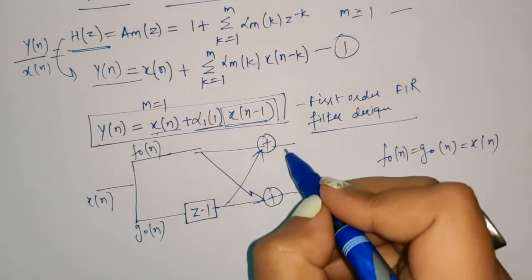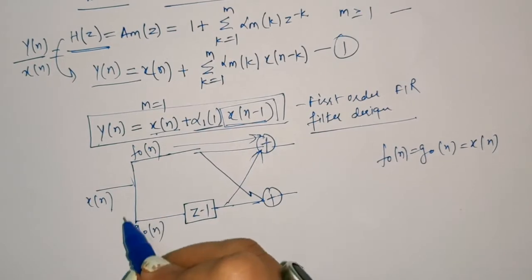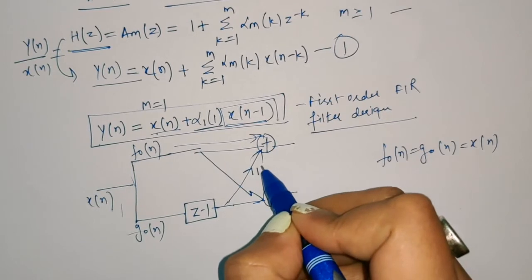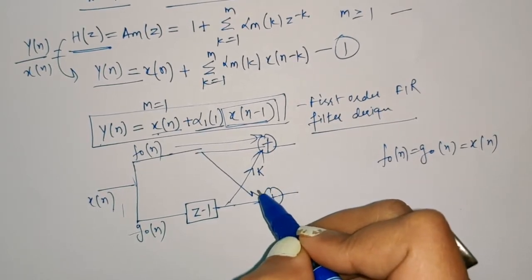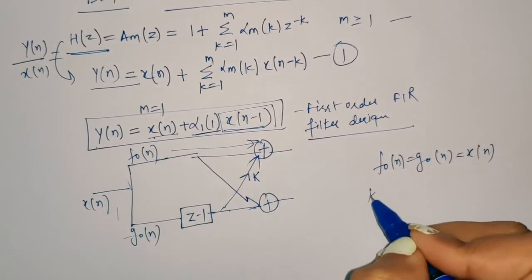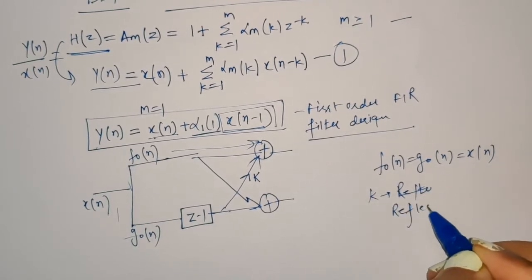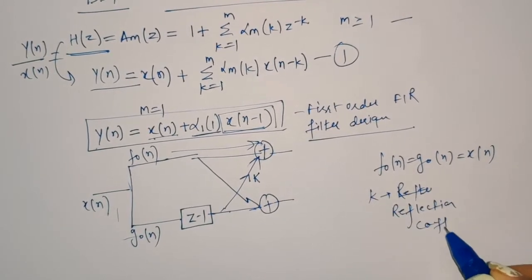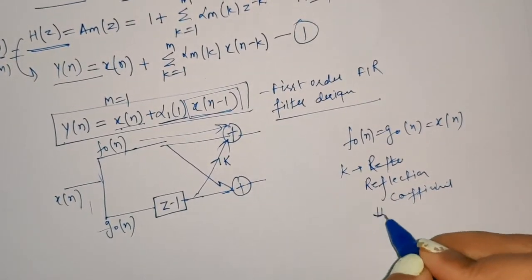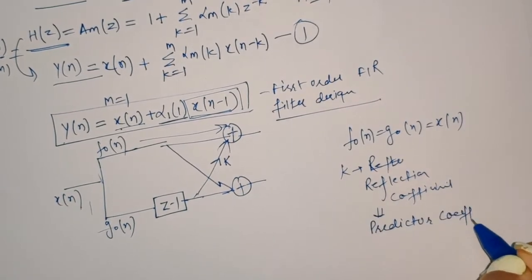Okay, so in this adder, one x(n) is going from this path, and here this x(n) is getting delayed, and then it will get multiplied by the coefficient that we call the reflection coefficient. This k is nothing but the reflection coefficient, or one other name is also there, we call it the predictor coefficient.